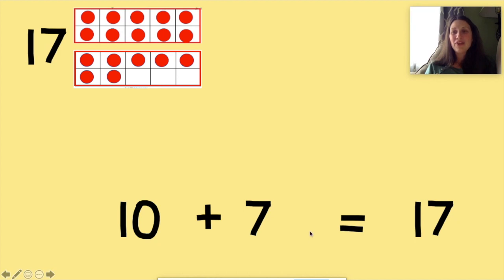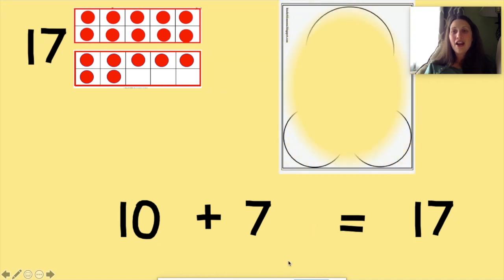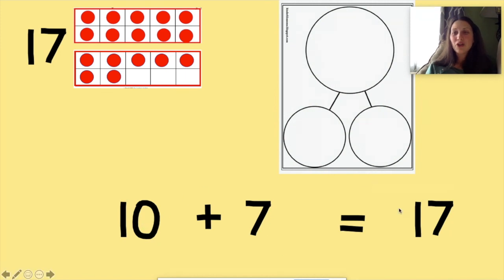Okay, let's put that into our number bond. These numbers go into our number bond using heart, heart, whole. Heart, heart, whole. Okay, so let's put them in. What's our whole number? Our big number.